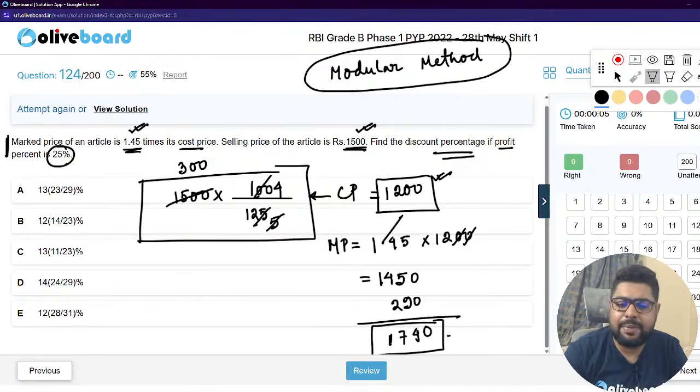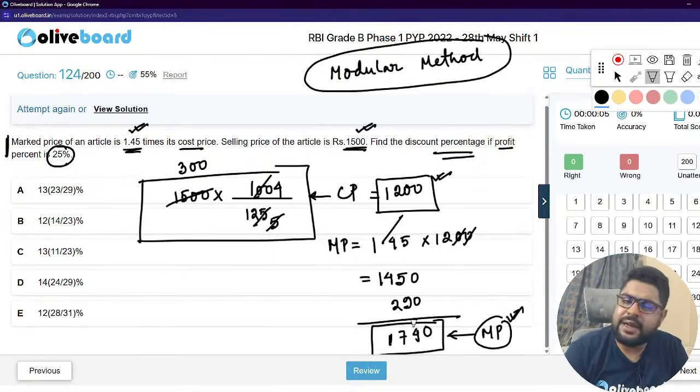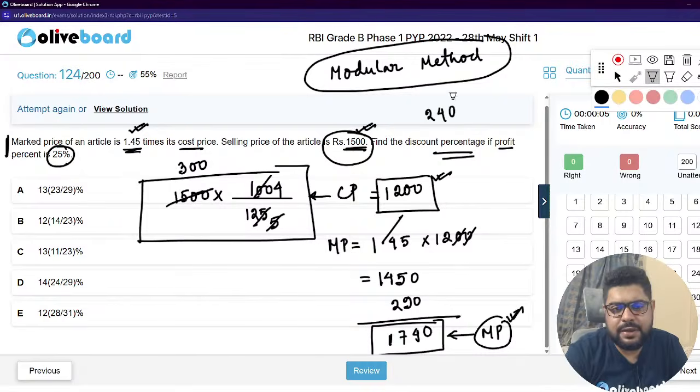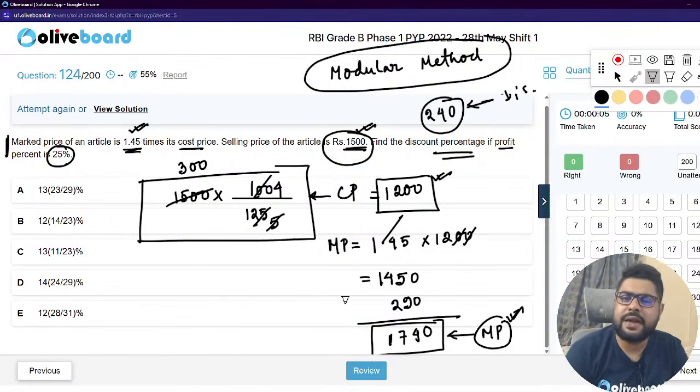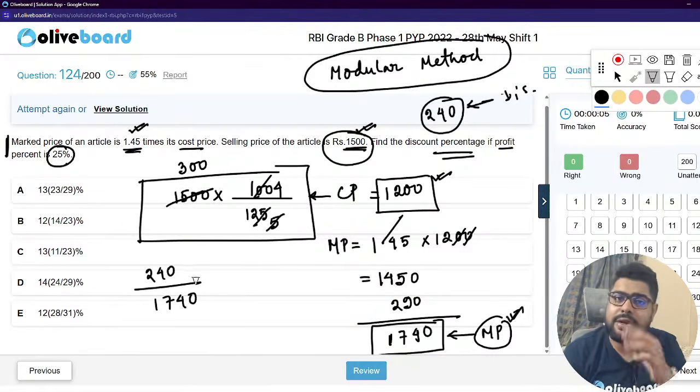That is your MP, sir. Now 1740, selling it for 1500, meaning 240 rupee discount, sir. They are asking percentage of that. So 240 rupees discount out of 1740 rupees, because we all know discount is always calculated based on MP.